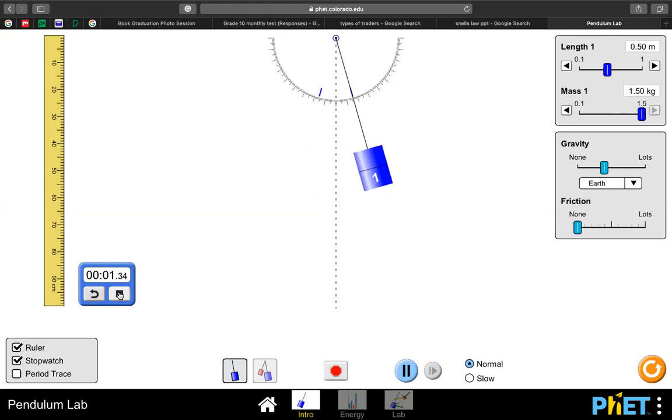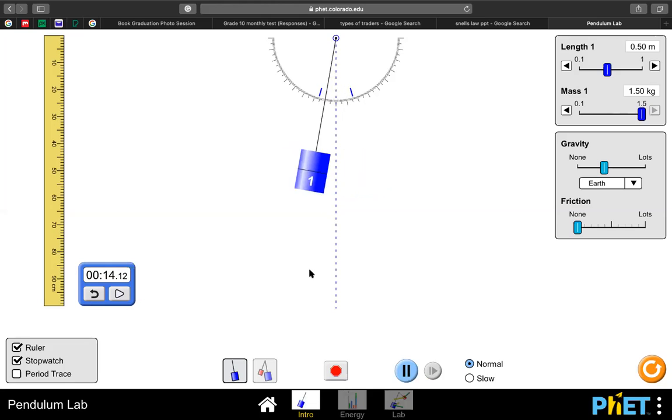Start. 1, 2, 3, 4, 5, 6, 7, 8, 9, 10. So we see that it doesn't really change. It was at 14 at first, and it's still at 14, right? The mass does not affect it. You see that? Yes, sir.